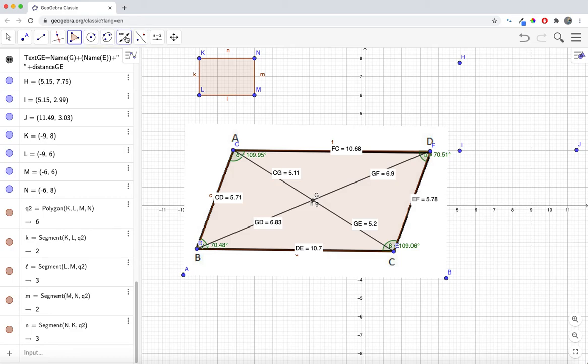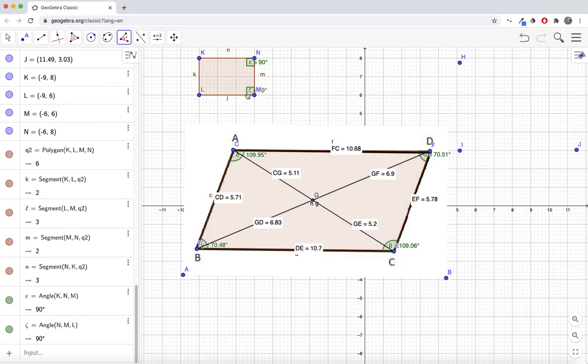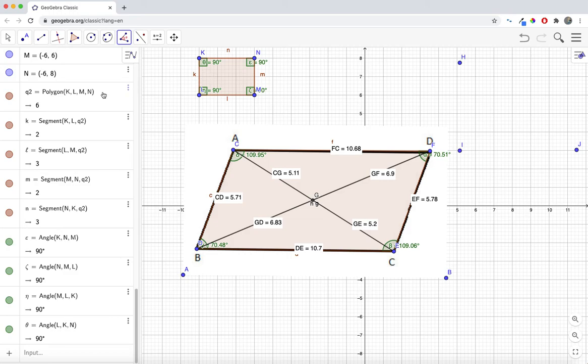If it's 90 degrees, or at least close to 90 degrees, then, so once again, we go clockwise. Nice. I think that says 90. It's hard to see. Yep, all these are 90, so it really is a rectangle.